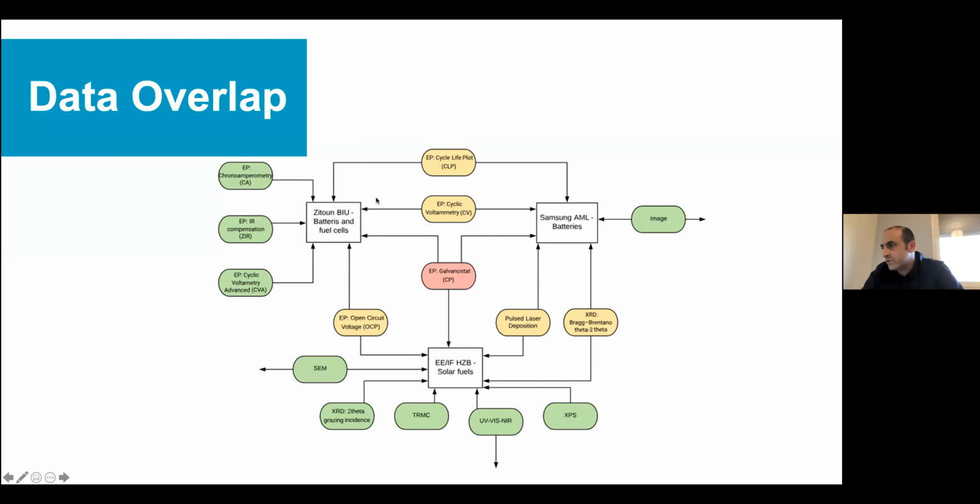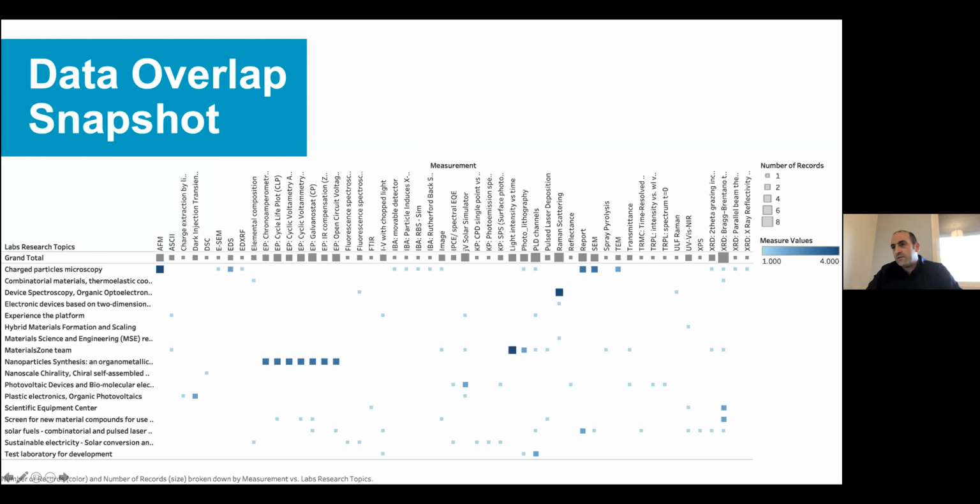This is a bit more futuristic at the moment, so it's a next step. Here you can see the metadata about the lab and the metadata about the physical measurement. It's a snapshot. You can see the size of the square, and the color highlights overlaps between specific types of measurement, or within a specific lab, what kind of measurements they are performing.